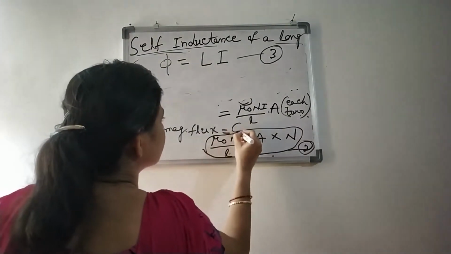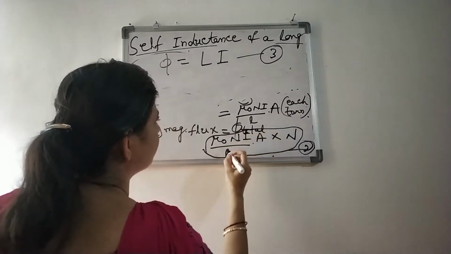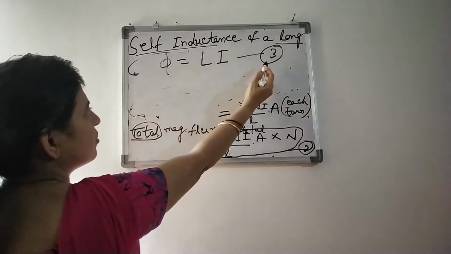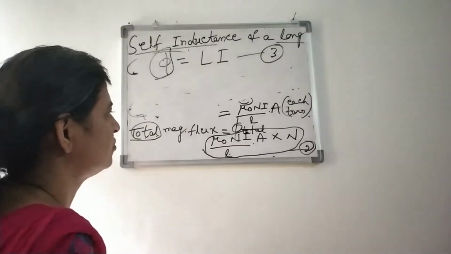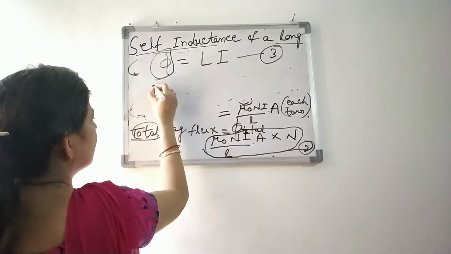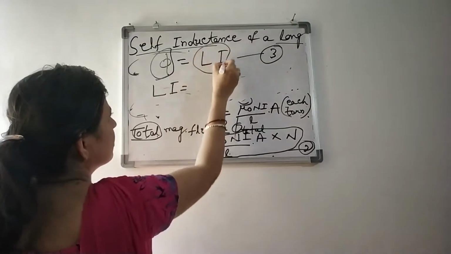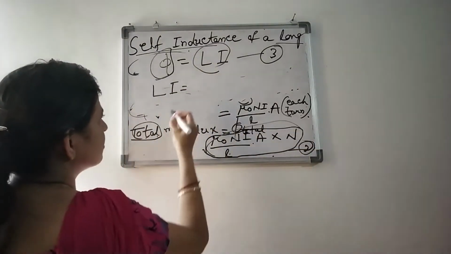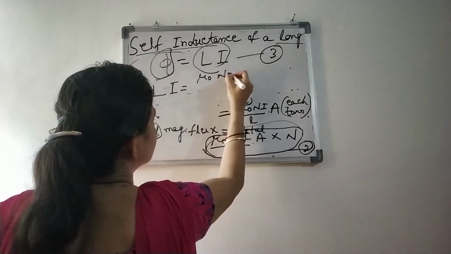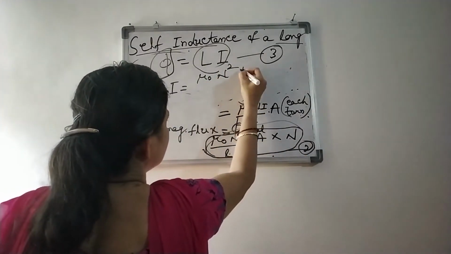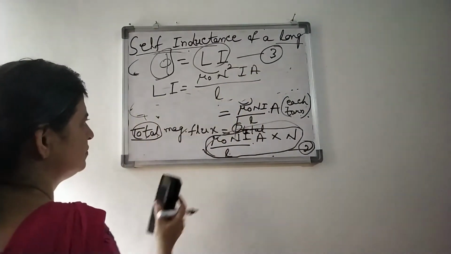Total magnetic flux, suppose this is also denoted by phi total, and from equation number 3, this is also phi equal to L I. So you can write L I is equal to mu naught N squared I A divided by L.